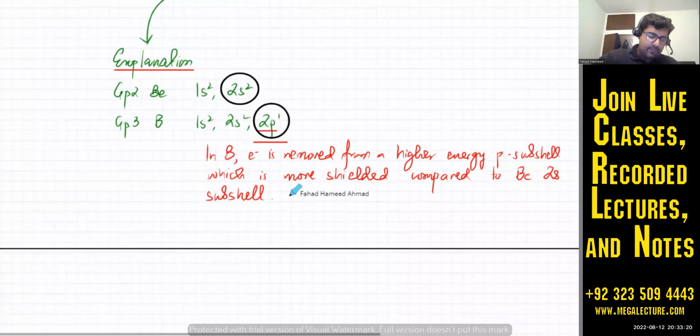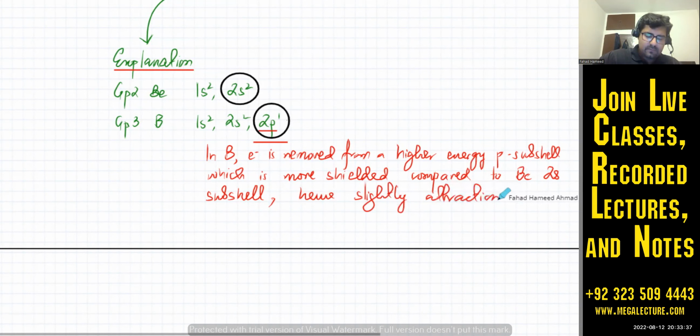So write that down as well: hence slightly less attraction between boron's nucleus and outer valence electrons.